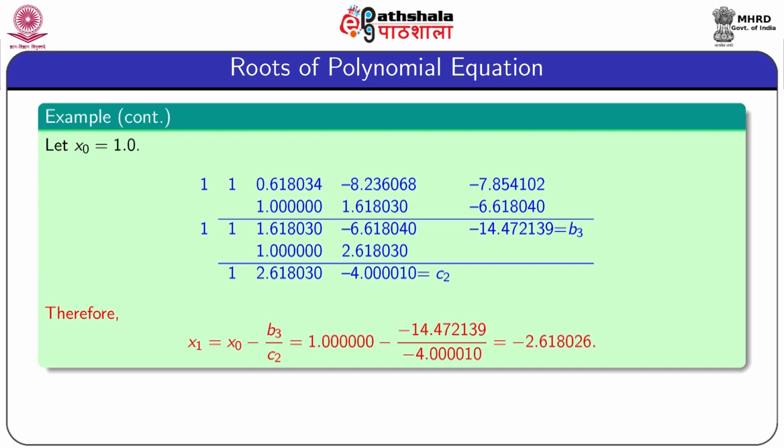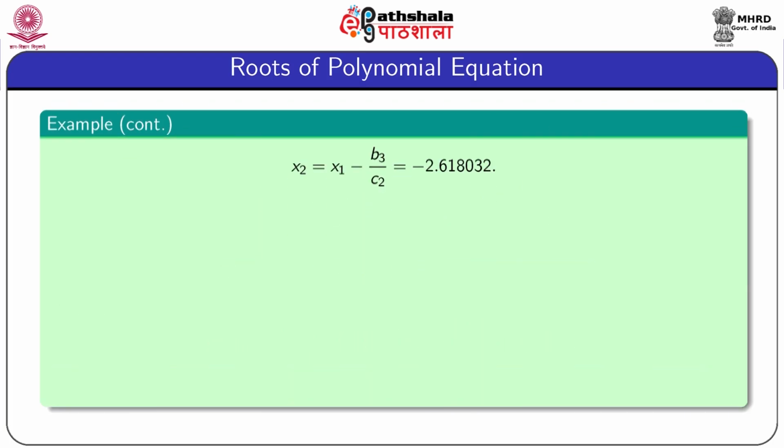Therefore, the first iterated value of the second root x1 equal to x0 minus b3 by c2, and it is minus 2.618026. The second iterated value of the second root is minus 2.618032. So, it is seen that x equal to minus 2.618032 is another root. That means, after the second iteration we get the second root.